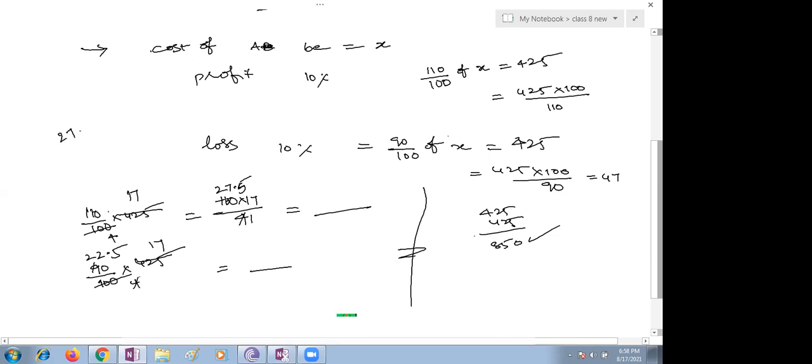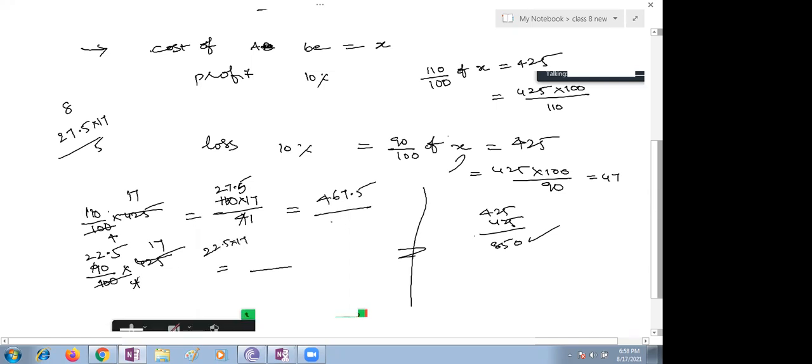What is the value of 27.5 into 17? 17 fives are how much? 85. Is it 85, children? Ma'am, 27.5 into 17. Ma'am, I got 467.5. Okay, then what is the value of 22.5 into 17? Ma'am, can you repeat it? 22.5 multiplied with 17.